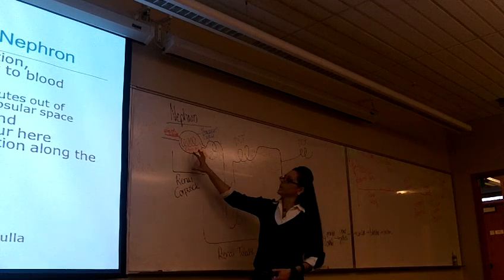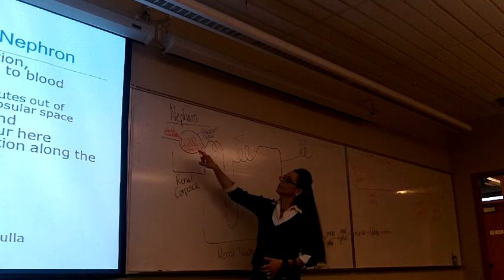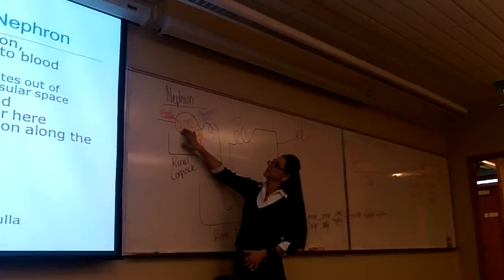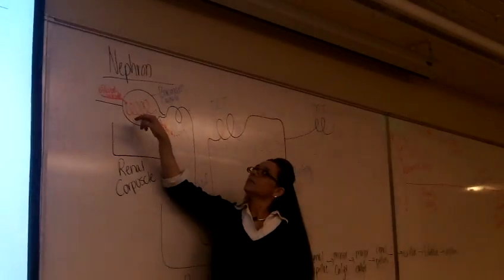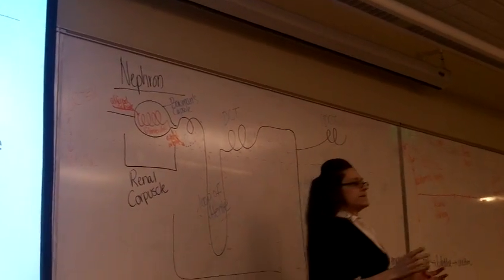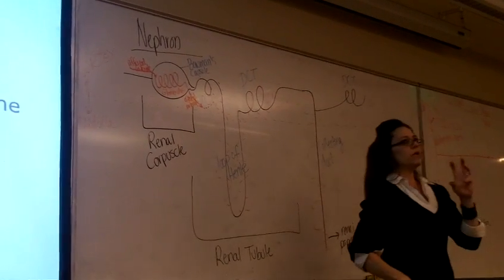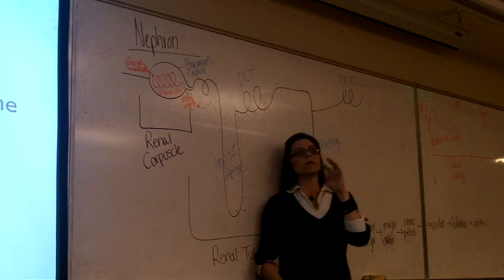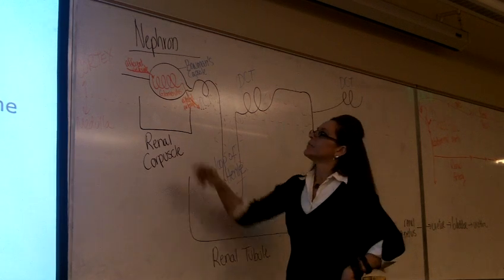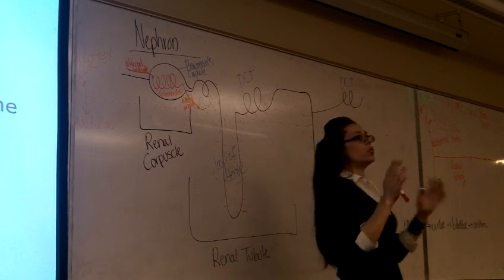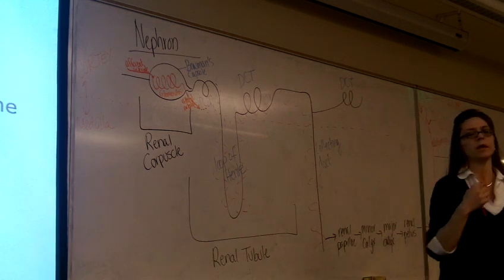We're going to see that the glomerulus is like normal capillaries, except they are particularly leaky. They're a little bit bigger, a little bit leakier, and there's going to be very high pressure in these capillaries, higher than a normal capillary.